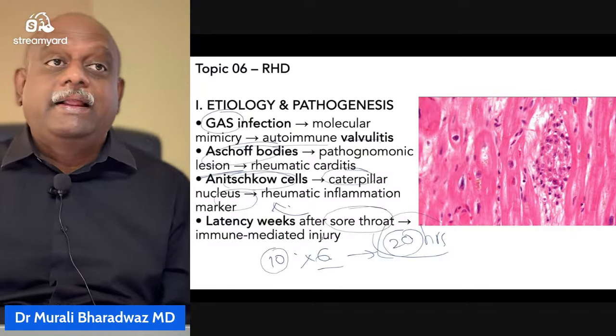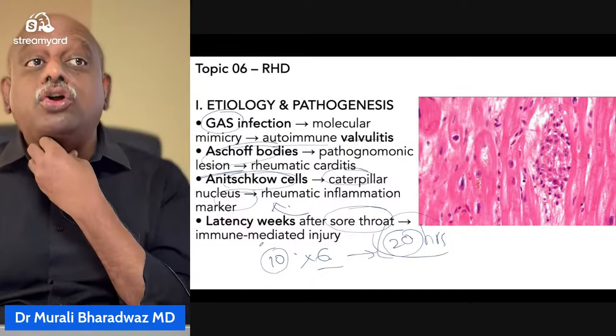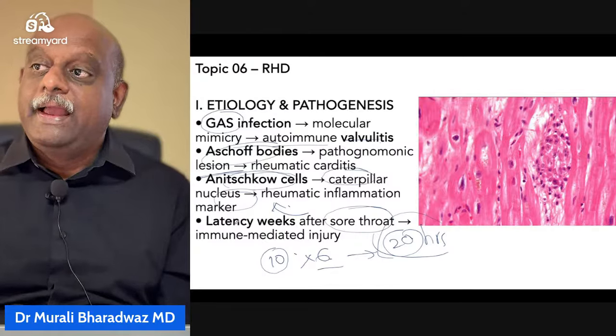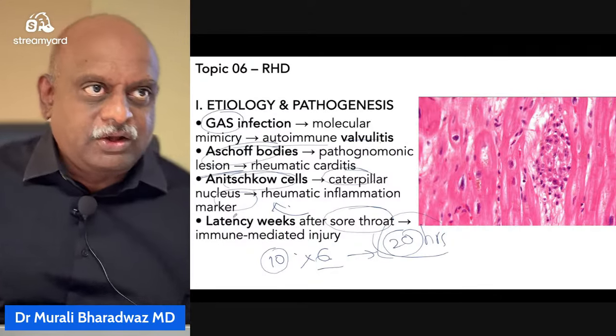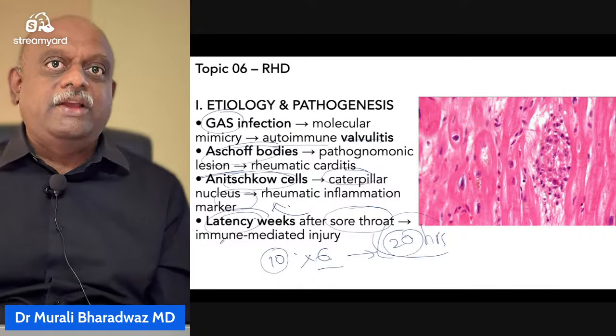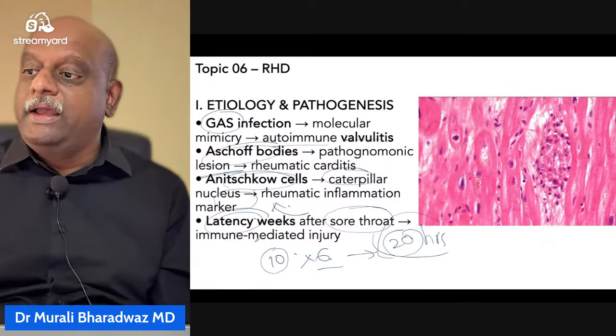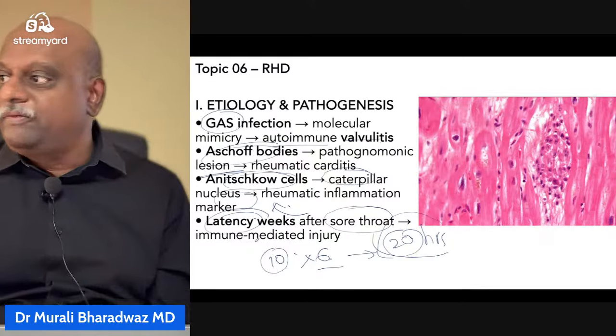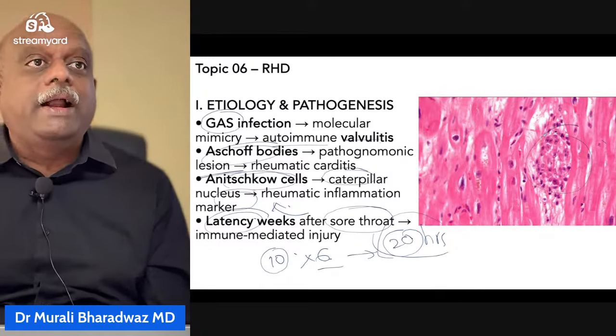And between the sore throat and the appearance of rheumatic fever, there is a latency, is what we need to remember. Okay, so that is the story of rheumatic heart disease quickly.